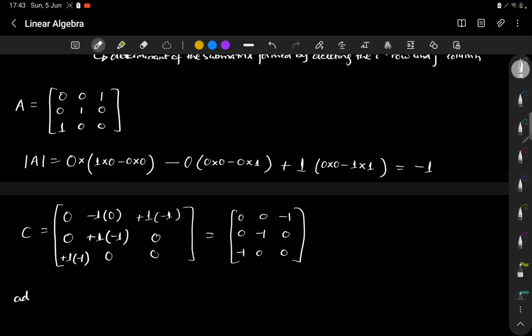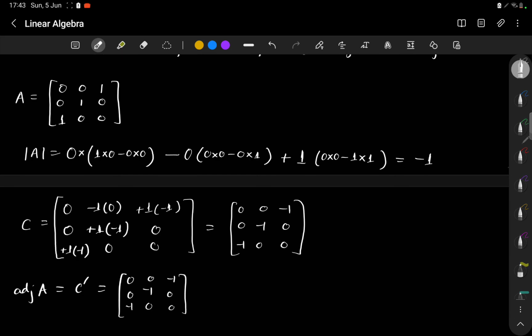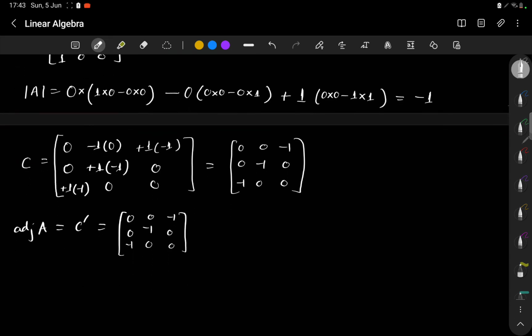So the adjoint is the transpose of the cofactor, which happens to be the same matrix as the cofactor. This is self-adjoint. So this is the adjoint. Now the inverse is 1 over the determinant times the adjoint.